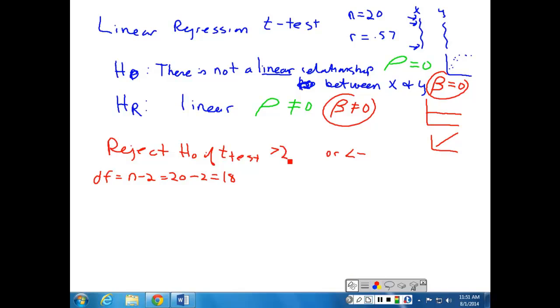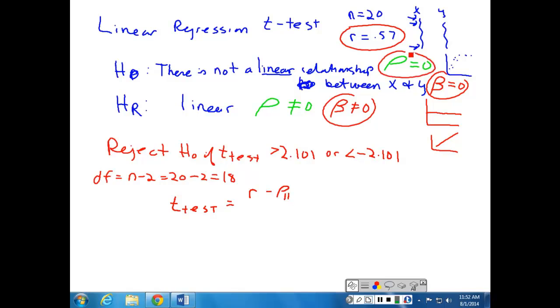So, 2.101. And the t-test is equal to the statistic, r. That's the statistic that, in this case, is given to us, but which we might calculate from data, minus the hypothesized parameter, rho.